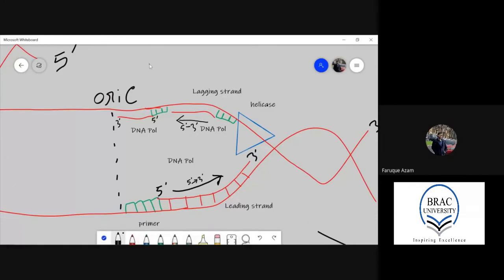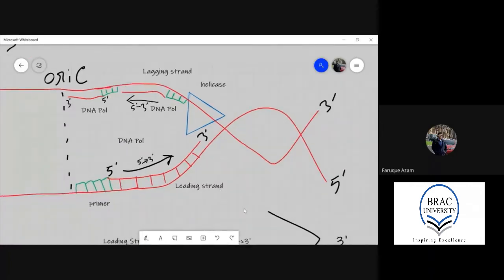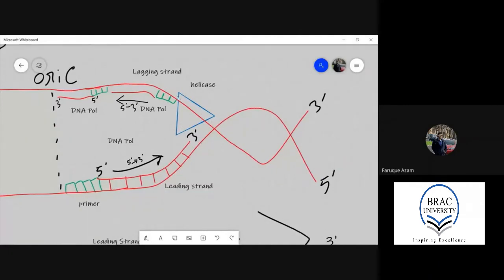Also note that I cannot show you the whole process, because at some point, after 5 minutes, this replication fork will go rightward, and there will be some empty spaces here in the lagging strand. Empty spaces, because the DNA polymerase cannot synthesize toward the right side of the lagging strand. Then the primer will attach here, and the DNA polymerase will start leftward, and again as the replication fork moves rightward, there will be more empty spaces in the lagging strand.